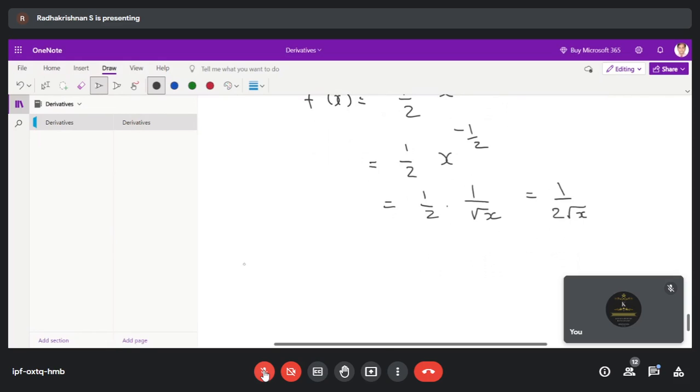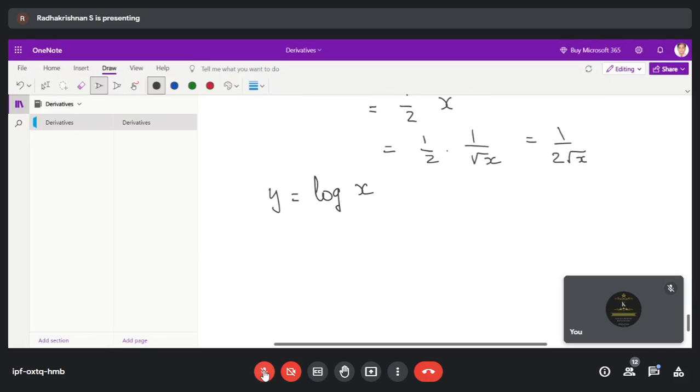So let us say y equal to log x. This is the next rule. We saw the limit for log of 1 plus x in the last class, and using that we can derive that dy by dx, if it is log x, its derivative is 1 by x.